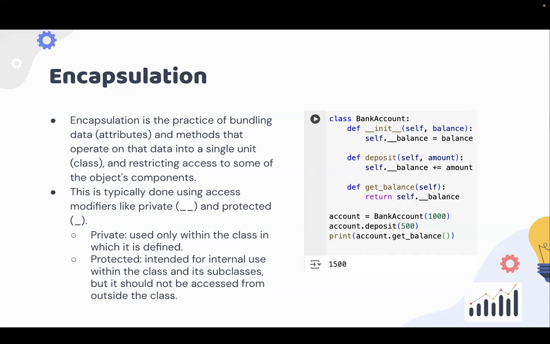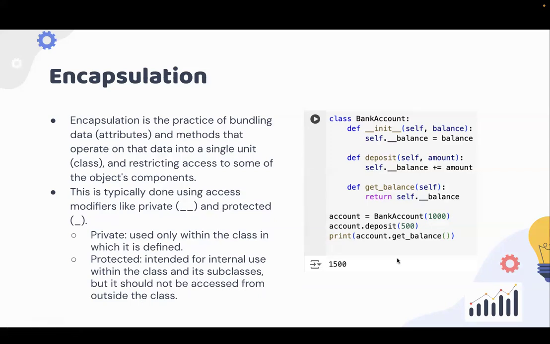This is typically done by using private and protected, as I talked about before. Private is used only within the class in which it is defined. And protected, which is denoted by 1 underscore, is for internal use within the class and also its subclasses. So it should not be accessible from outside of the class.